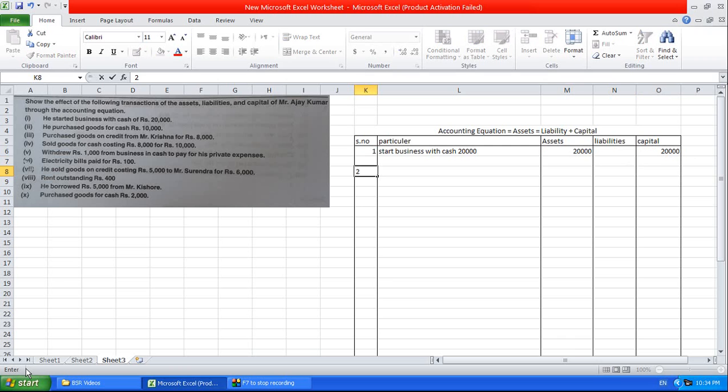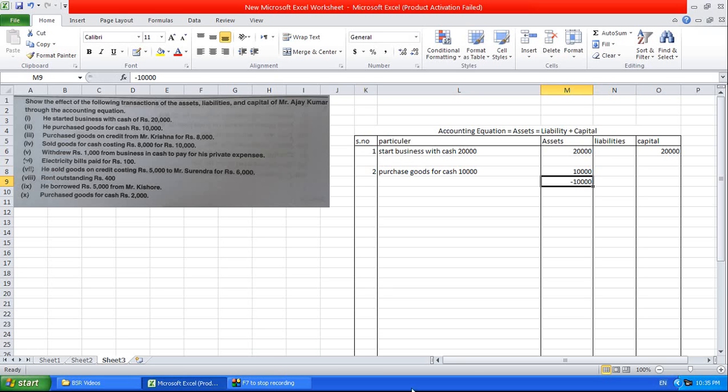So we have got goods, 10,000, but of the earlier amount of 20,000, we have lost 10,000 in cash, because the cash is converted into goods now.